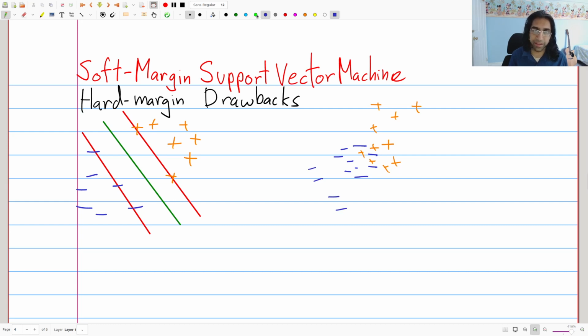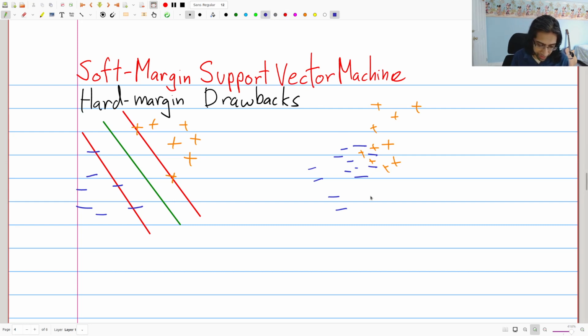In this case, this would not be solvable with a hard margin SVM because it is not linearly separable. You can't draw any line which will separate the blues from the oranges, and this is no good. So this is bad for hard margin SVM. So that's one drawback. We can't solve problems like that, and in fact, almost all problems are going to be like that, in the sense that linear separability is kind of a rarity for problems of this sort.